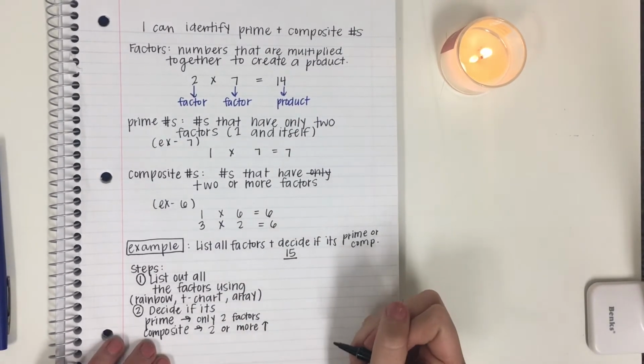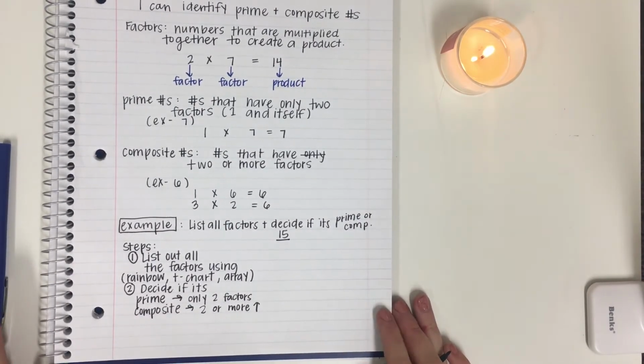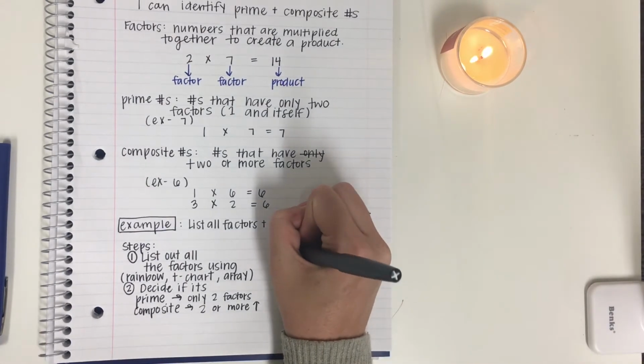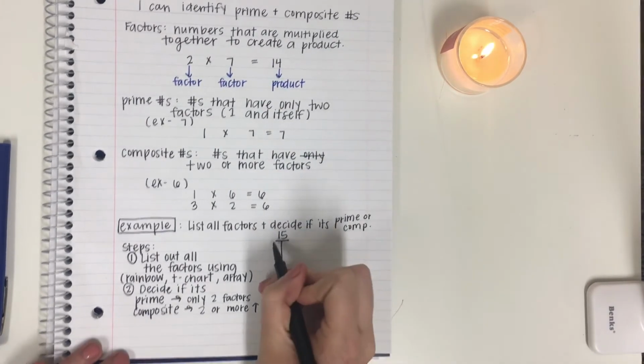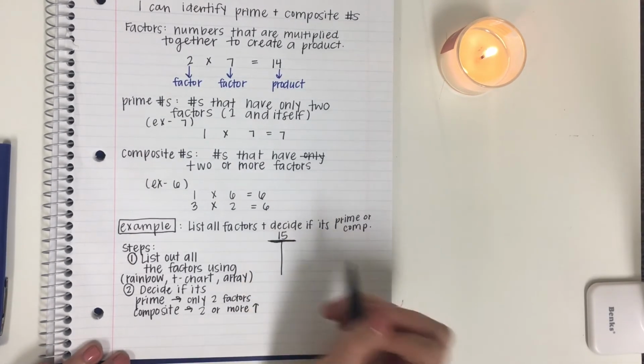Okay? So let's look at 15. Here are a few different ways that you can do it. Let's do the T-chart first. So to list out the factors, you need to know your multiplication facts. This is super, super important.